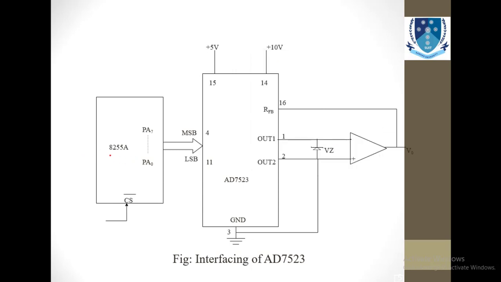So this is your 8255, and you know that you have a chip select, and you also know how you can use this CS with the help of the 8086 microprocessor. With its help you can control this CS, and according to the CS, that is chip select, this 8255 will be working.